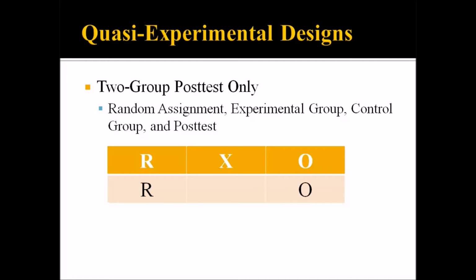When you're working with quasi-experimental designs, you have some ability to infer causality, but you can't have the same level of confidence that you would if you're running a true experiment, and we'll get to a true experiment in a little bit. So in this case, you can see we have random assignment, and one group gets the treatment, one group does not, and then a post-test is administered.